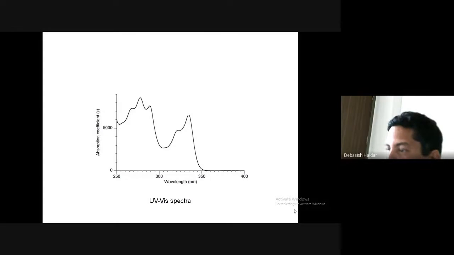This is the UV visible spectrum of binol. What you need to check is why binol is colorless. We have got the spectrum up to 350 nm. That means it is colorless in the visible region, and you can see a white color. But this is the transition in UV, whether it is n to pi star or pi to pi star, that you have to write.